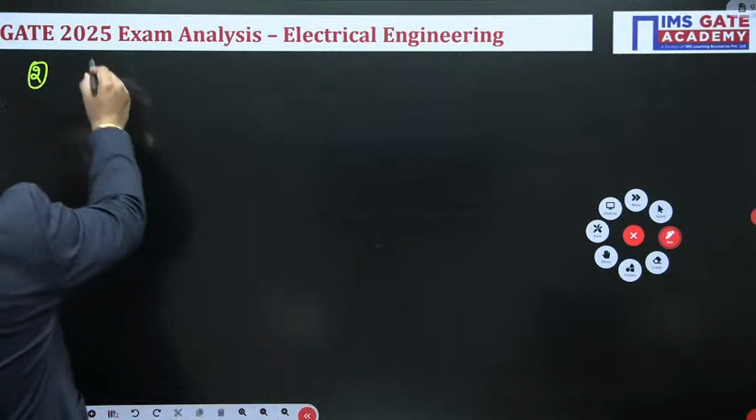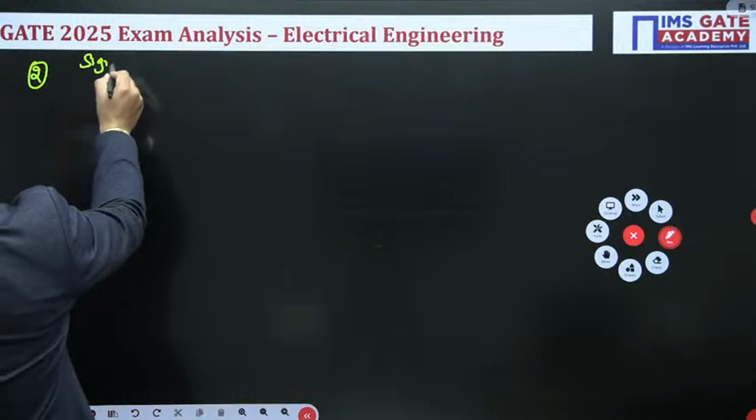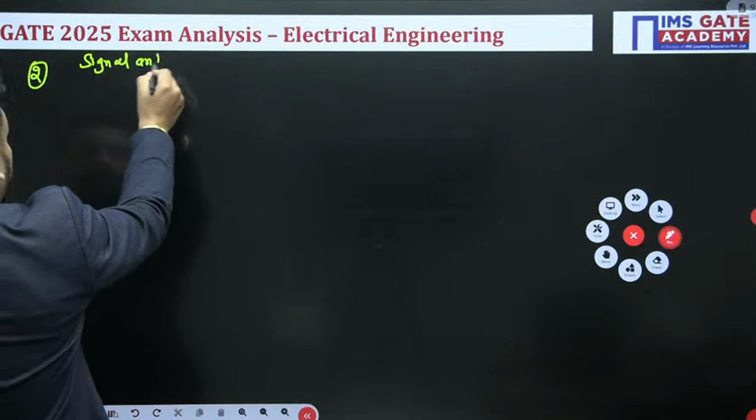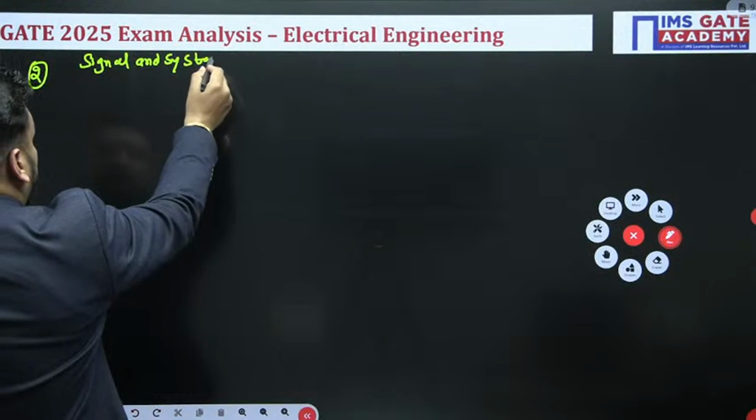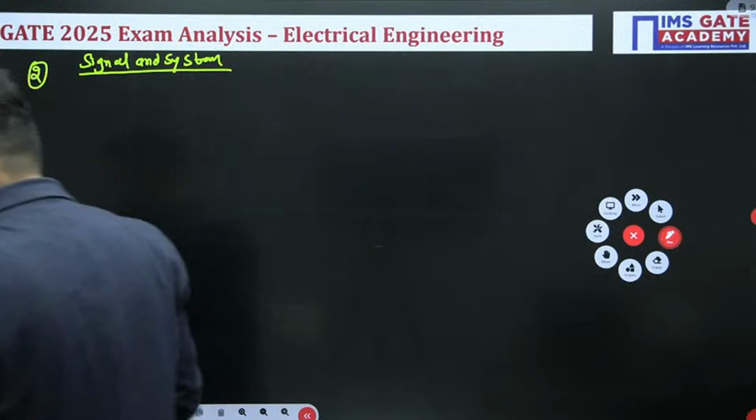Now, one question I have from signals and systems, guys. This is again an easy question. The examiner has asked about the power. So what is the question I am writing here?